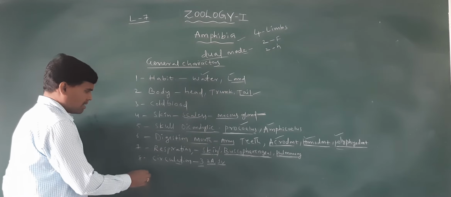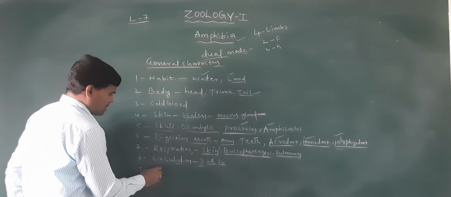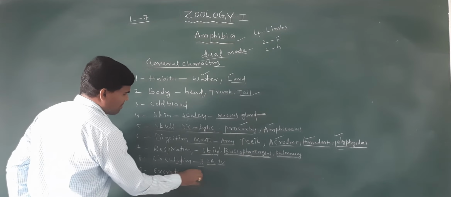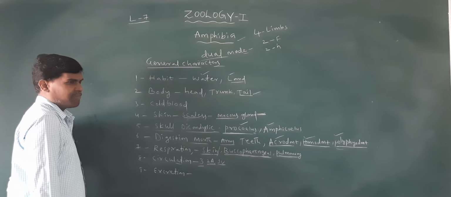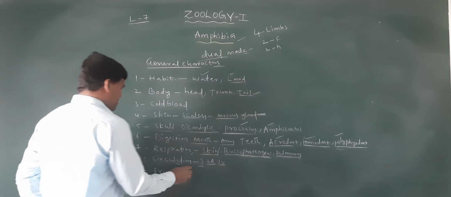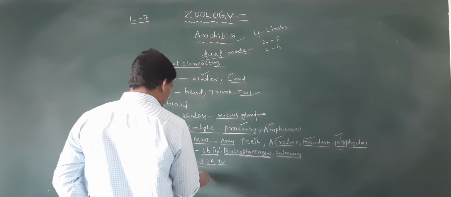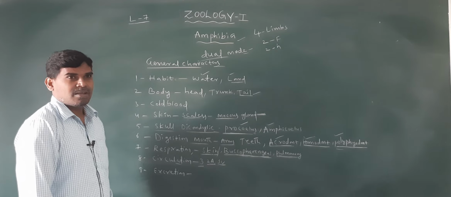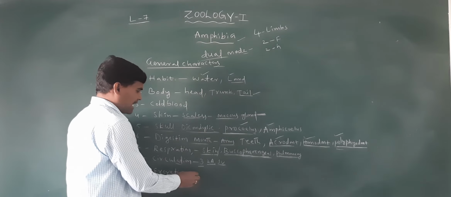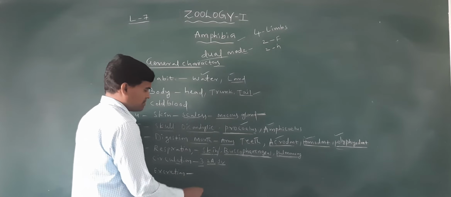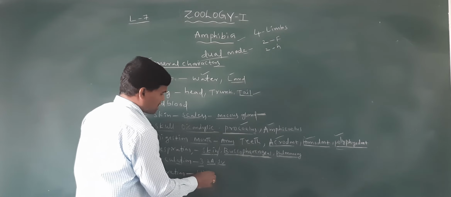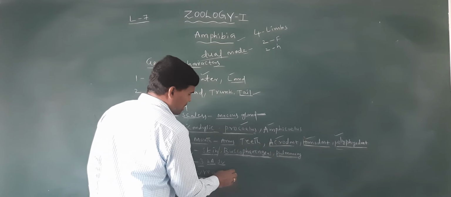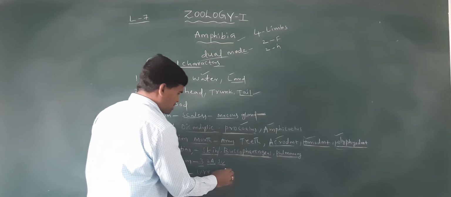The next, excretion. Which type of excretion? The mesonephric type of kidneys. The kidneys excrete urea as the excretory material, hence they are called ureotelic animals.